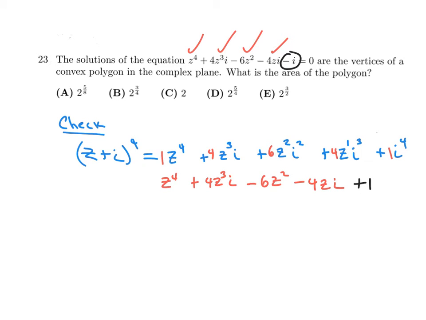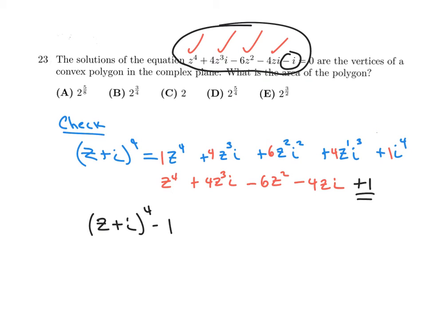So what that tells us is that what we see up here is almost z plus i to the fourth, but in order to get what it really is, we have to get rid of this 1, so I'm going to subtract 1, and instead of a 1, I have a -i, so I subtract 1 to get rid of this, and then I'm going to subtract an i.